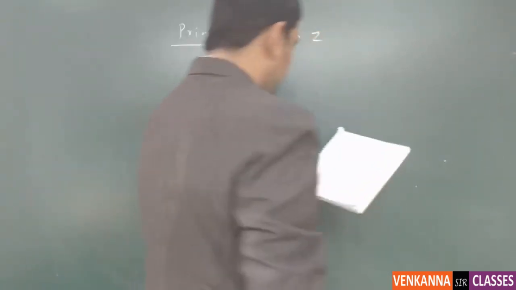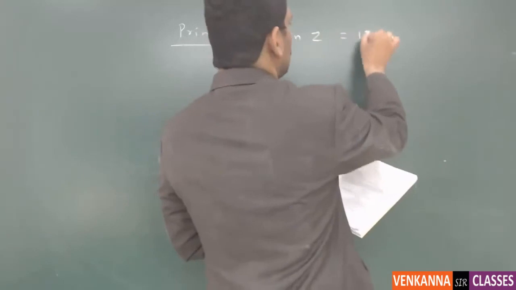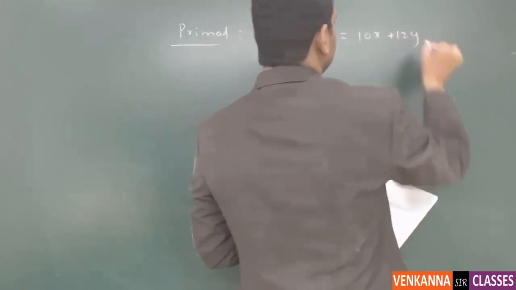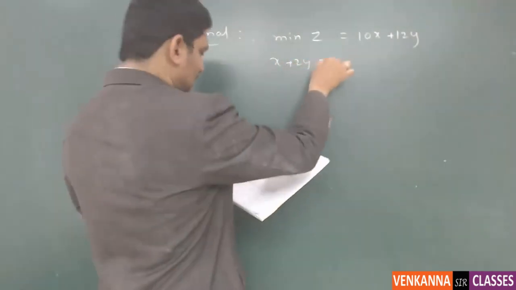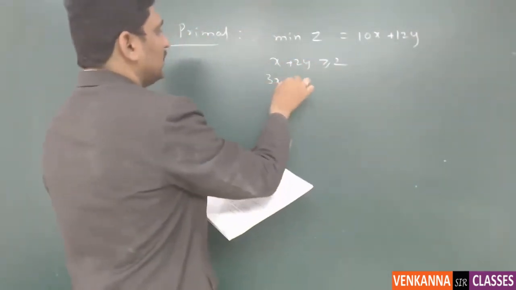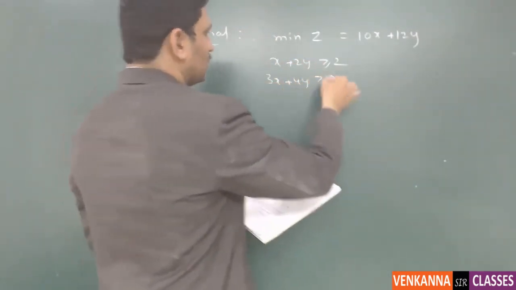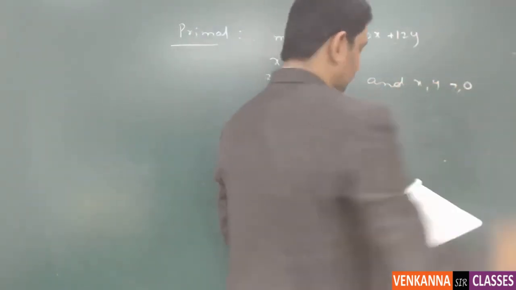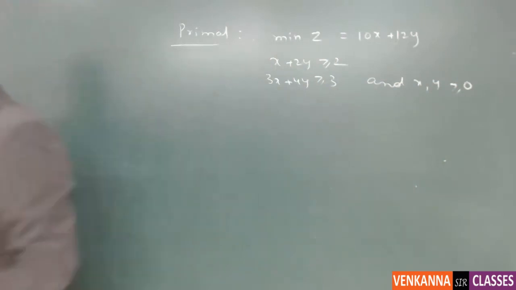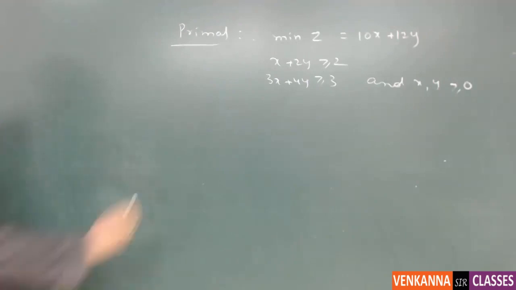Minimum z equals 10x plus 12y, subject to the constraints that x plus 2y is greater than or equal to 2, 3x plus 4y is greater than or equal to 3, and x, y greater than or equal to 0. Now you are going to give me the dual.